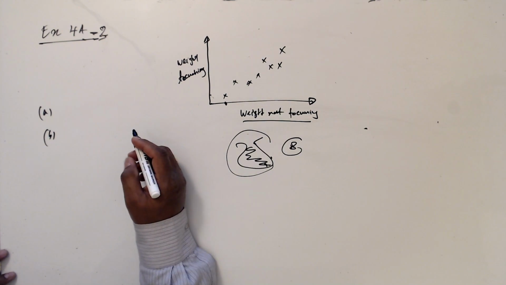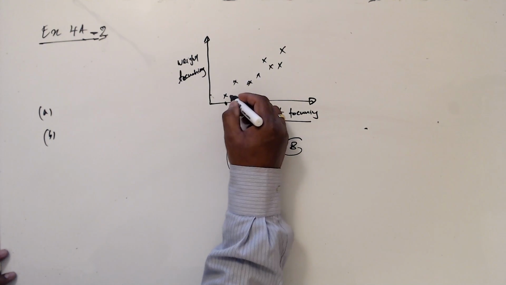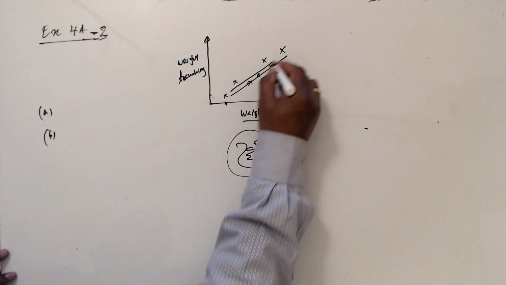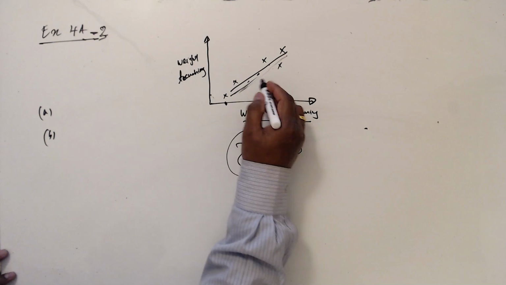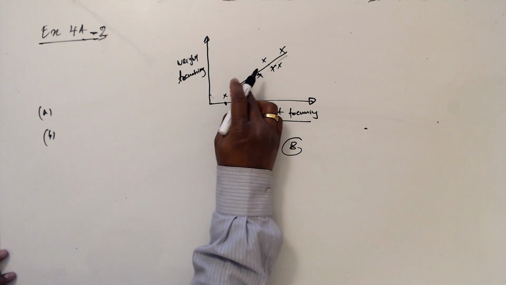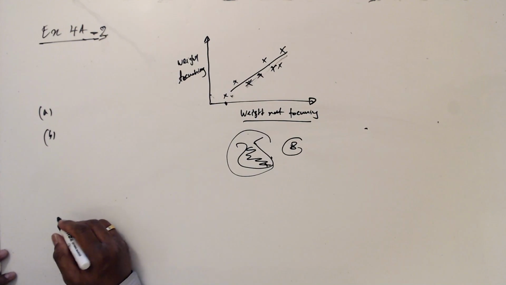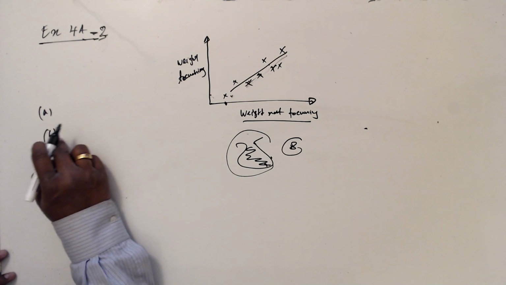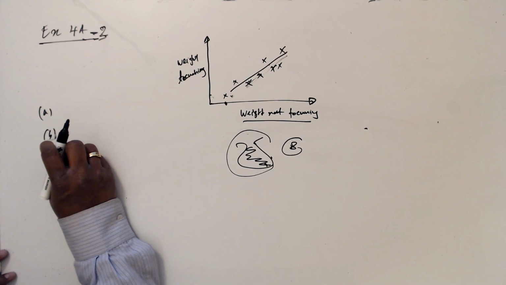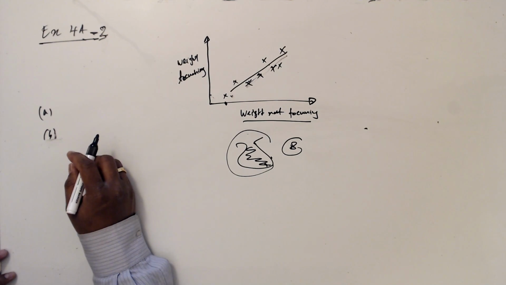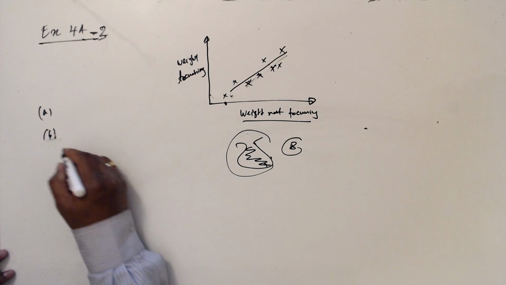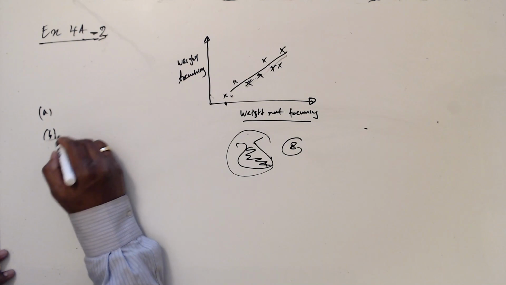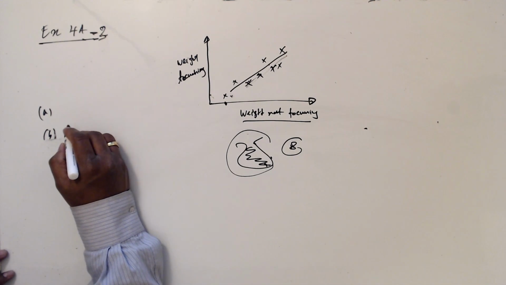Yes, if I can represent, then there is a linear relationship. So this is the best one, not this one. If it can be represented by a line, then the gradient of the line is positive. It means it has a positive correlation.